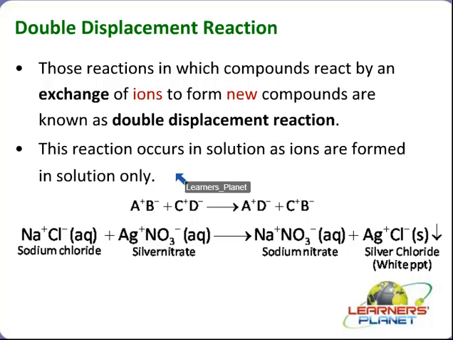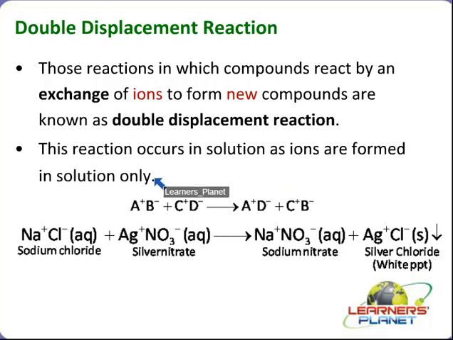Now what does this term mean? Those reactions in which compounds react by exchange of ions. Say, I have this compound A+ B-, and I have another compound C+ D-. Now there is exchange. D is being exchanged for B and B is being exchanged for D. Now I have two different compounds, AD and CB.